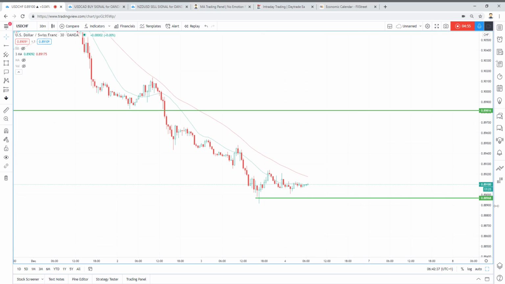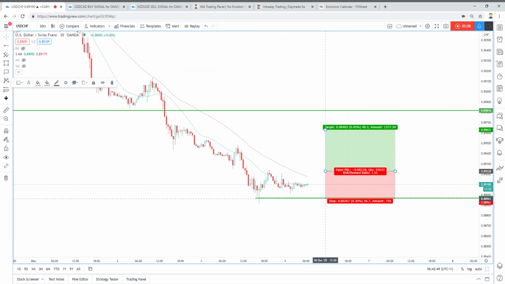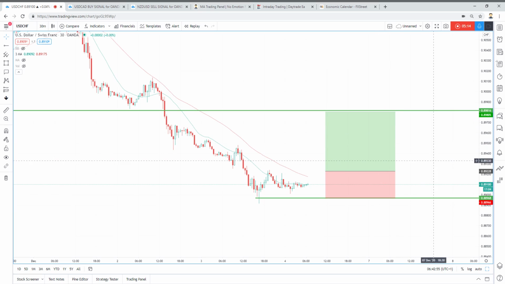This will be my stop loss, 0.8896. I'm going to set the stop loss at 0.8896. My entry will be if price closes above the 50 moving average, which I'm expecting to be here, and my final take profit is going to be this line.